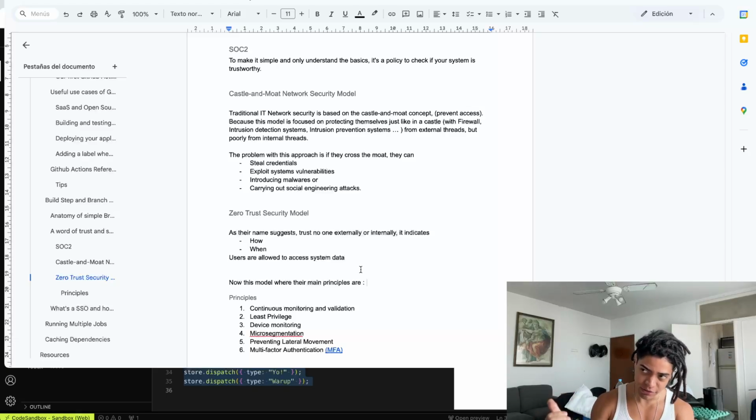Whoever is getting access to computer systems or business assets, we need to verify them.